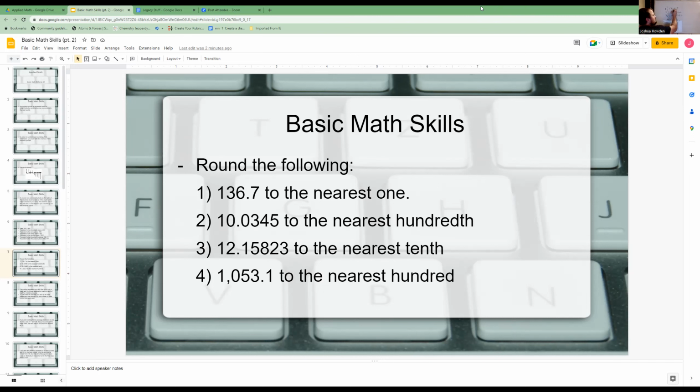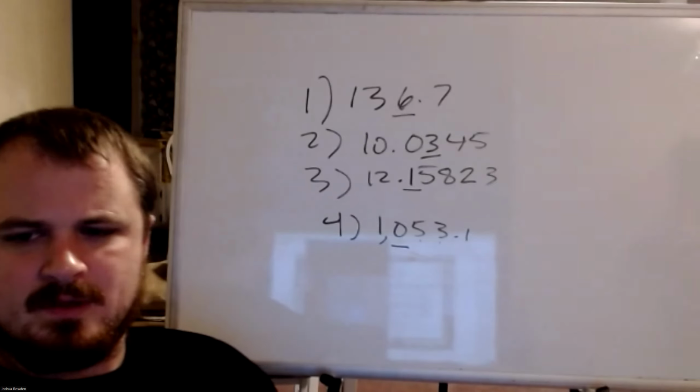Then the nearest hundredth, the nearest tenth, and then the nearest 100. So 1, 10, 100. Let's stop sharing so you can see.